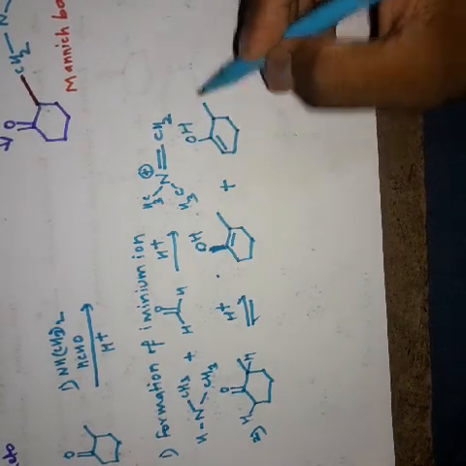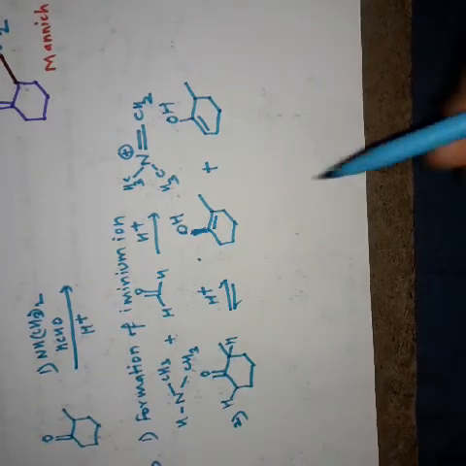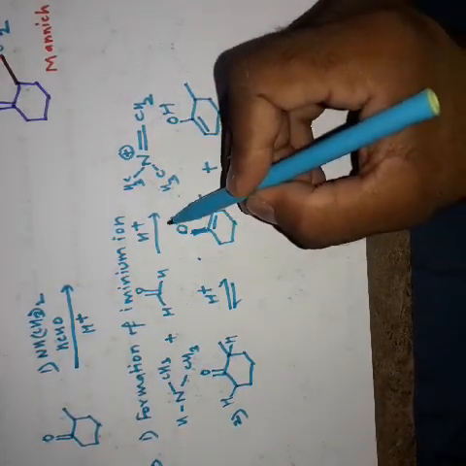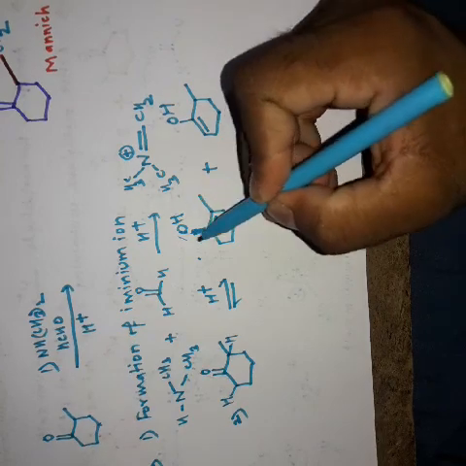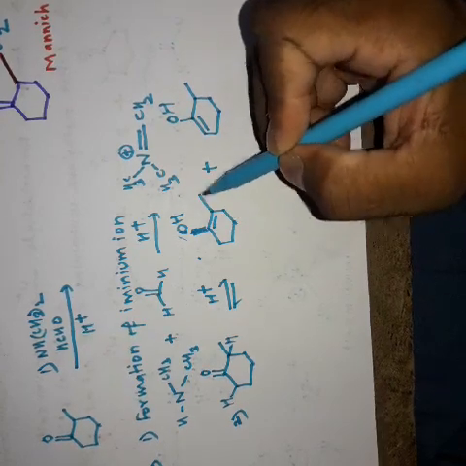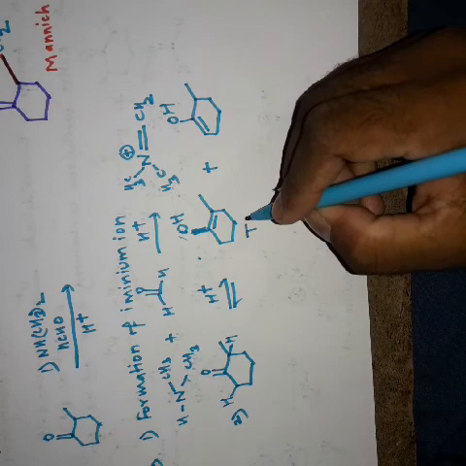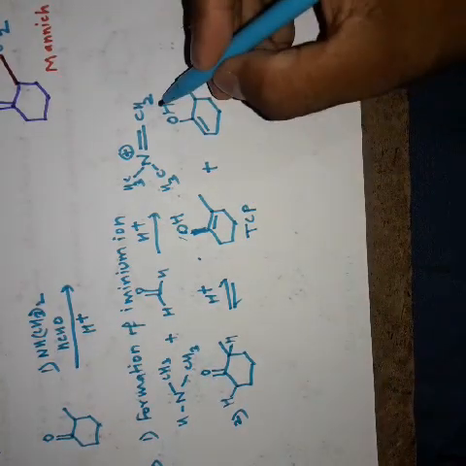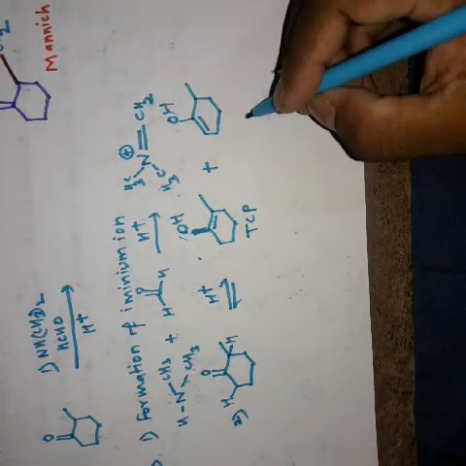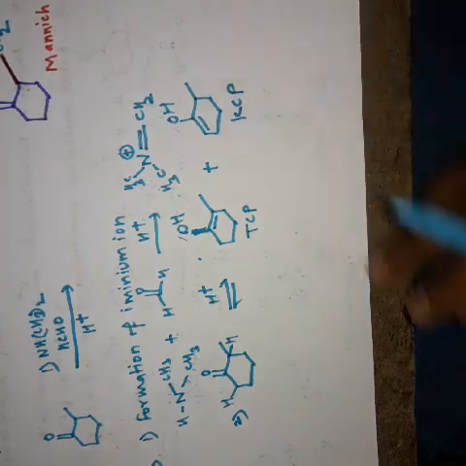Now which one will give us the major product? We can see this enol is the highly substituted one, which provides the thermodynamically controlled product, and this enol is the less substituted one, so this will provide the kinetically controlled product.